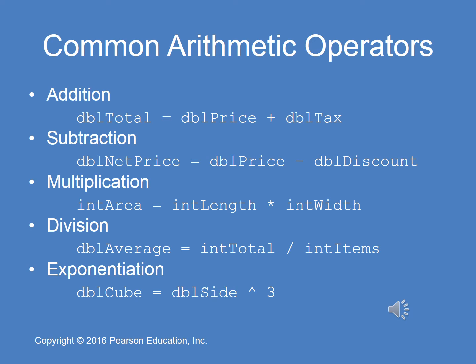On the right-hand side of the equal sign, remember the equal sign is the assignment operator, is what's called an expression. And that expression is an addition of two variables that are double. So it's going to take the value stored in dblPrice, add it to the value stored in dblTax, and it will resolve the expression.